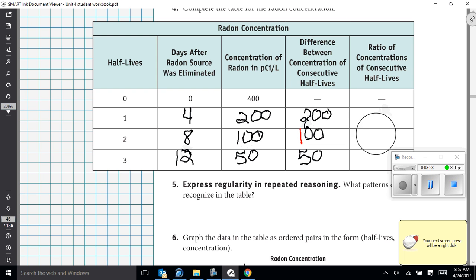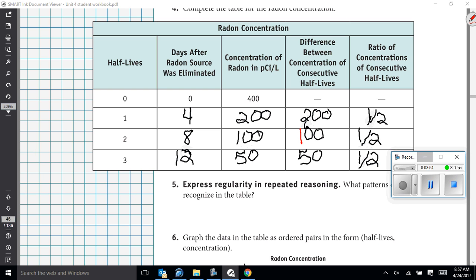Oh, that's 2 to 2. How do you put times 2? X2.